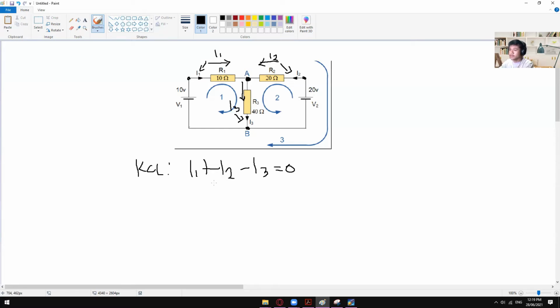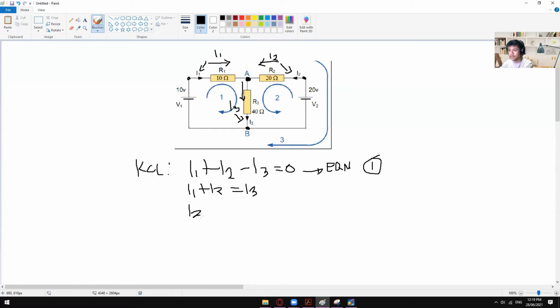In this equation, this is our equation number one. We can come up with a simplified version wherein we transpose this negative I3 to the other side. So we have I1 plus I2 is equal to I3 instead, just to eliminate that 0 right here.